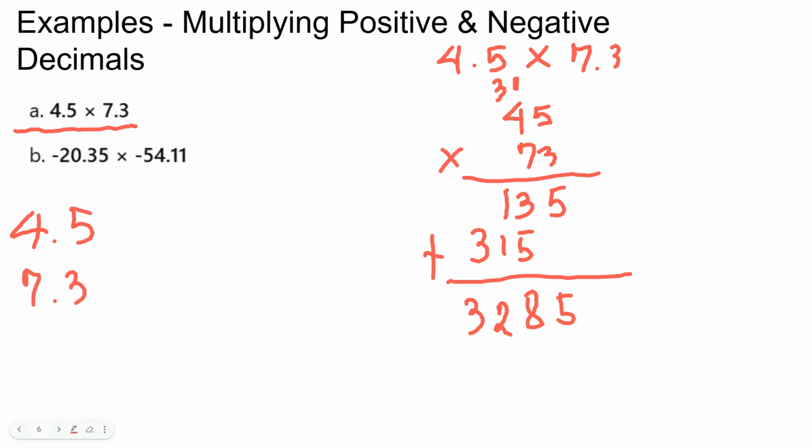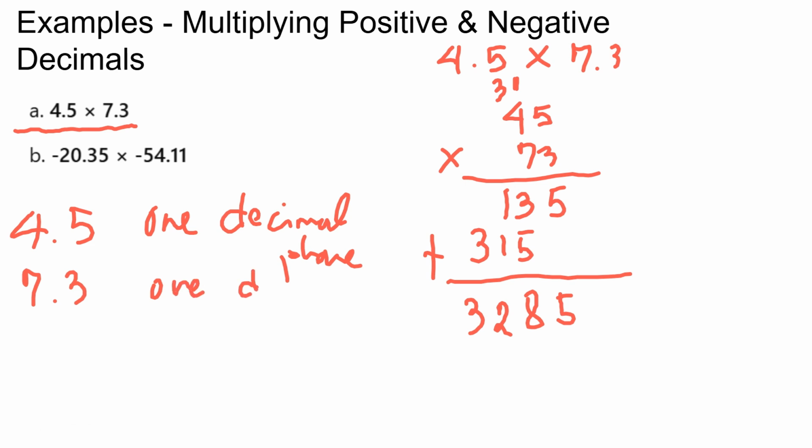Let's count the decimal places. 4.5 has one decimal place. 7.3 also has one decimal place. So the total would be two decimal places.